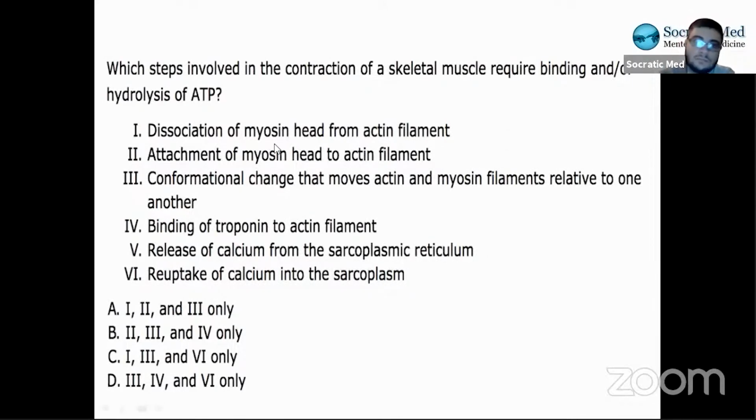All right. So this is a big one, but I really like this question. If you can get this question, I think you understand most of muscle contraction already just by answering it, right? So I'm going to launch the polling. I'll give you guys a couple minutes. Please look it over, think each answer choice through, and let me know what you think.